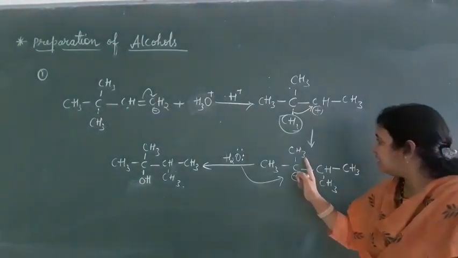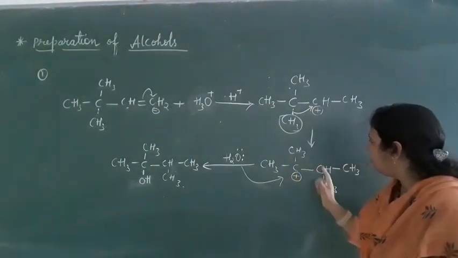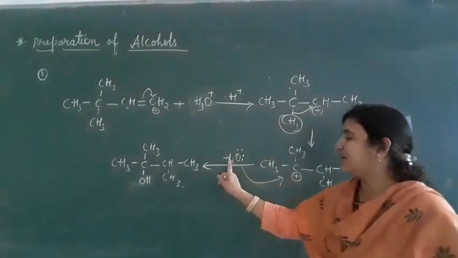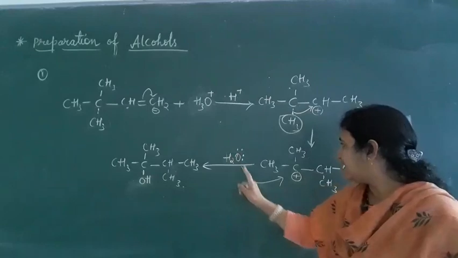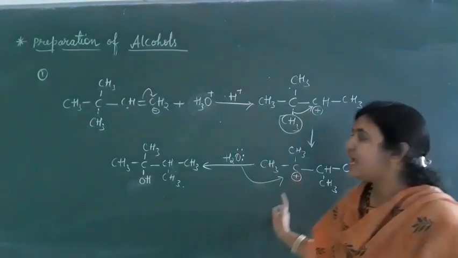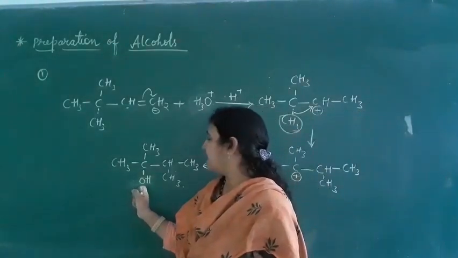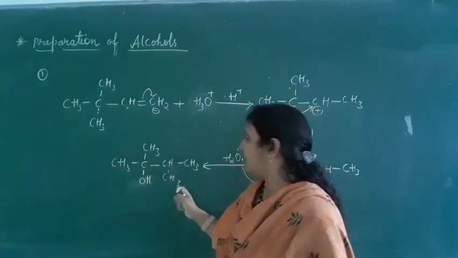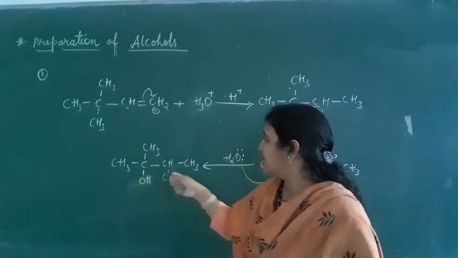That means this has converted into a tertiary carbocation. Now water, the nucleophile, will attack this tertiary carbocation, and we get the alcohol here. OH will come here, not there.